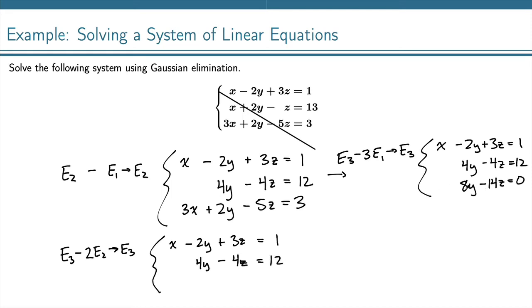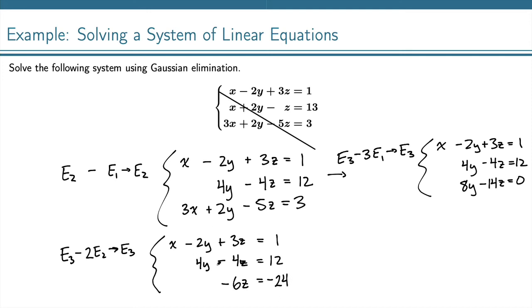And for our third equation, we have 8y minus 2 times 4y, so that's just 0. And then -14z minus 2 times a -4z, so that's plus 8z. So -14z plus 8z is -6z. And then we have 0 minus 2 times 12, so -24.